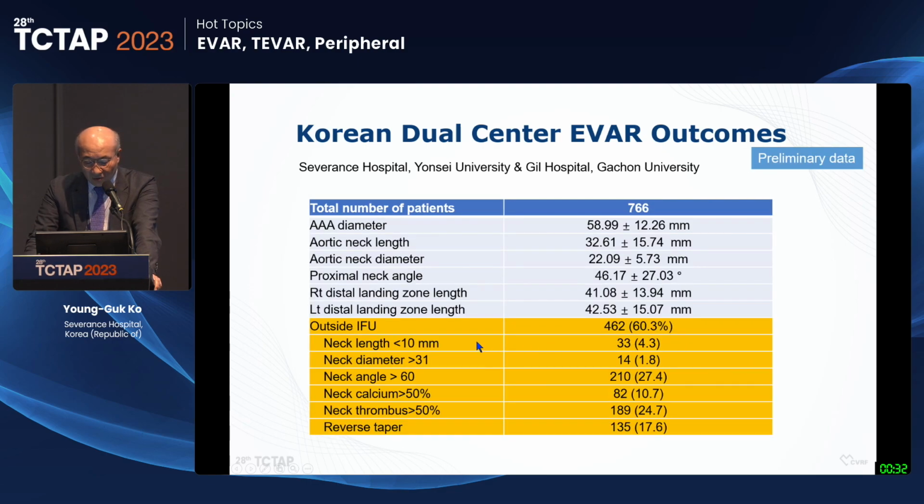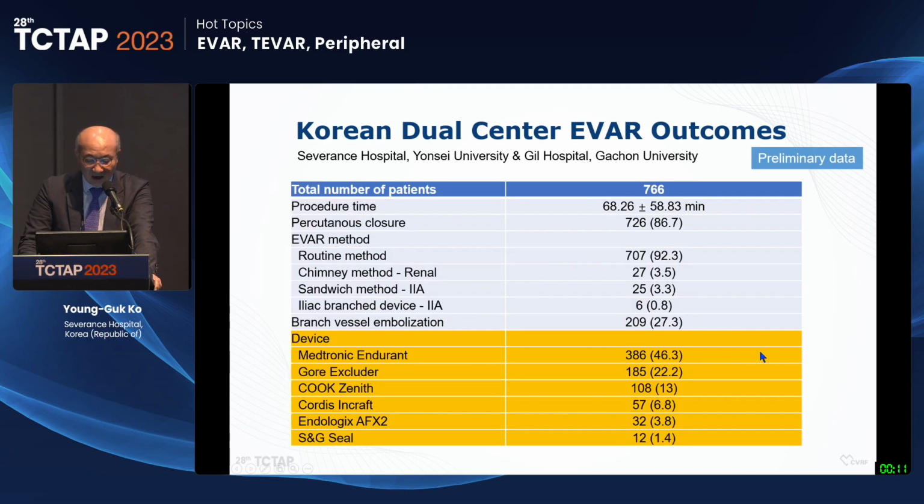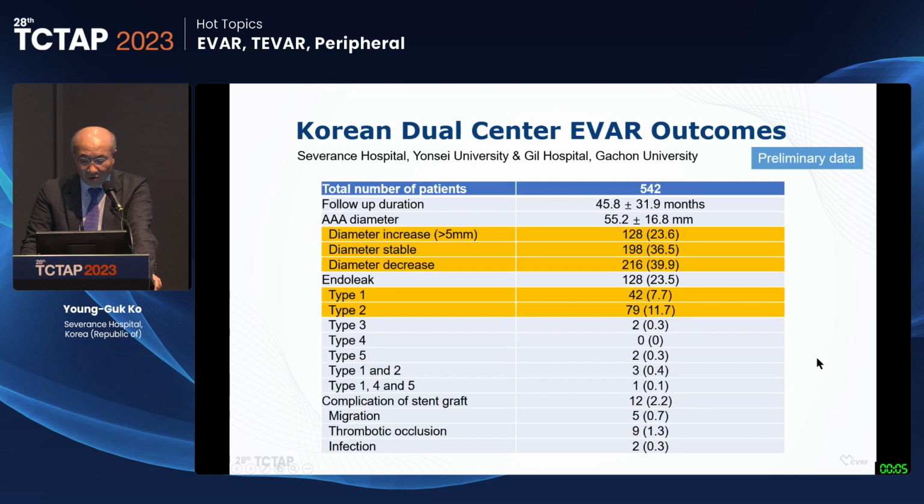And we found that about 60% of our patients were outside IFU, especially neck angle greater than 60 degrees, and neck thrombosis or plaque more than 50% of circumference were the common factors of being outside the IFU. And Endurant was the most commonly used device in our cohort.